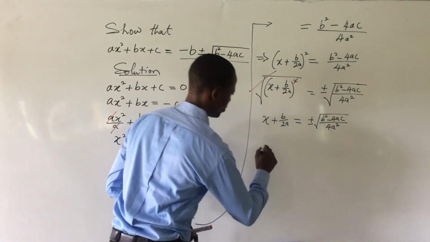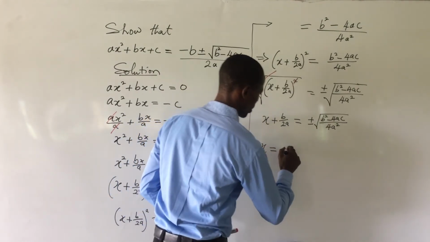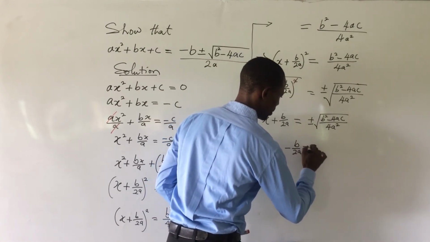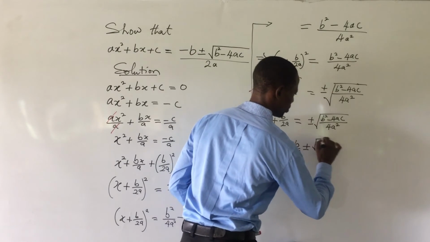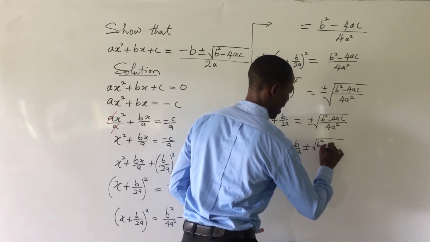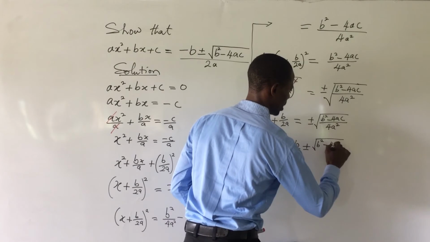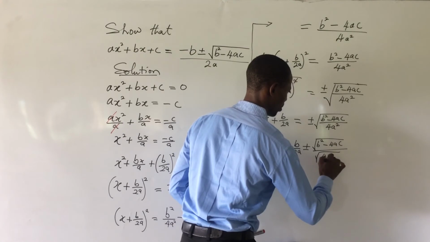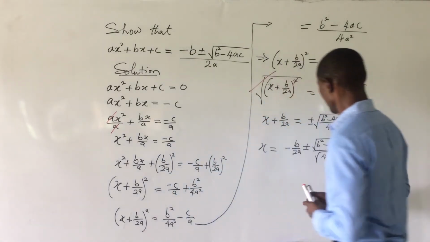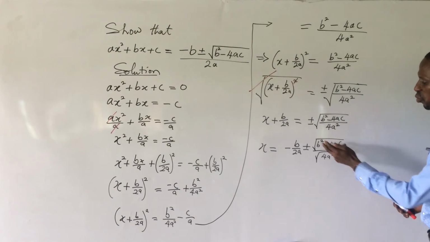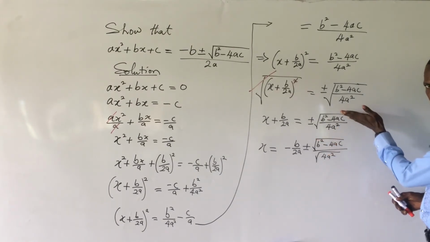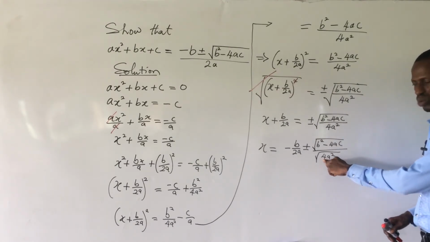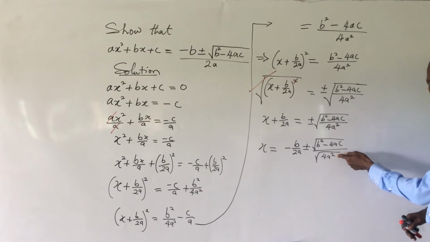Hence, this expression becomes x is equal to minus b all over 2a plus minus the square root of b squared minus 4ac all over the square root of 4a squared. Because this square root is covering everything, we can equally split it, one for the numerator and the other for the denominator, because this is a perfect square and this square root can handle this square.